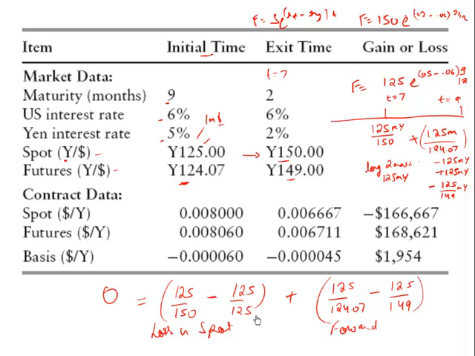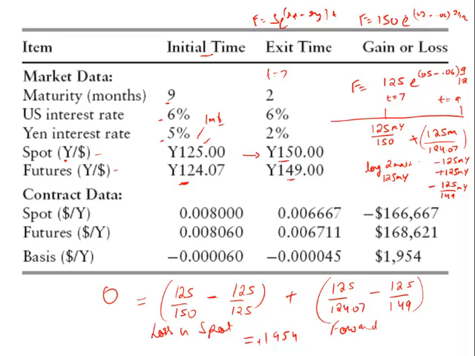So please verify that this will come out to be approximately equal to $1,900 or a positive $1,900. So what we saw is that even though we had some loss in the spot, this loss was more than made up for by the gain in the forward position.